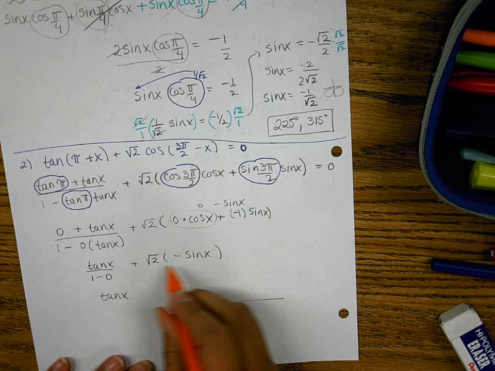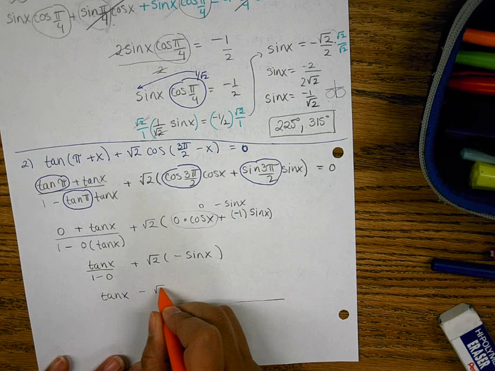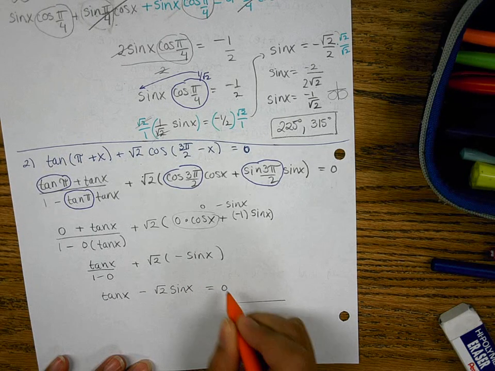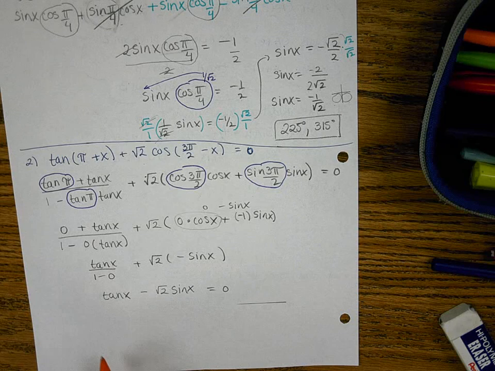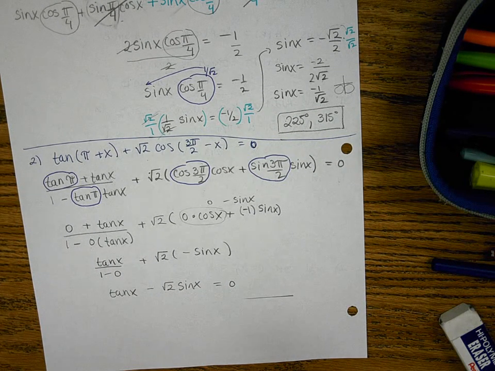So √2 times negative sine is negative √2 sine x, and all of this equals 0. Okay, so I have tan of x minus √2 sine x equals 0.